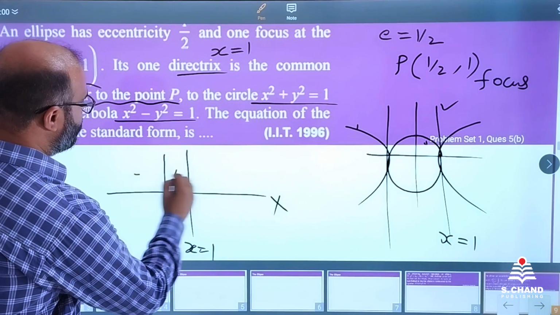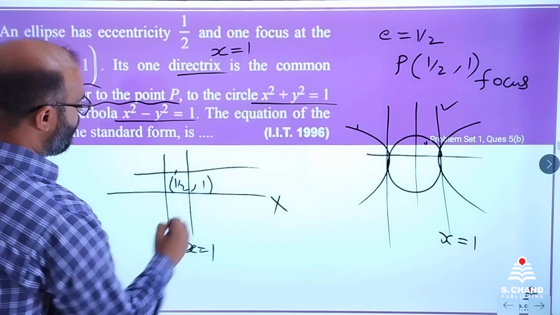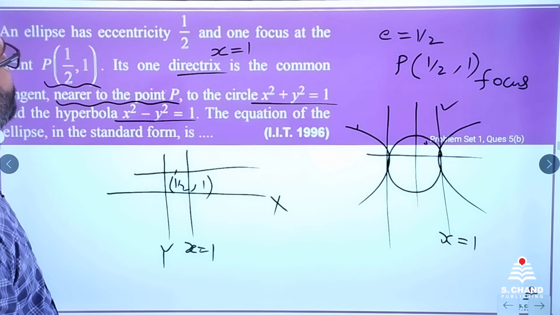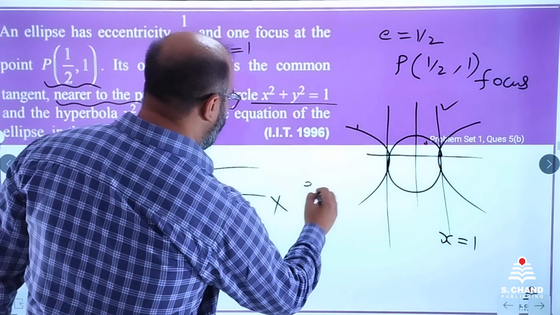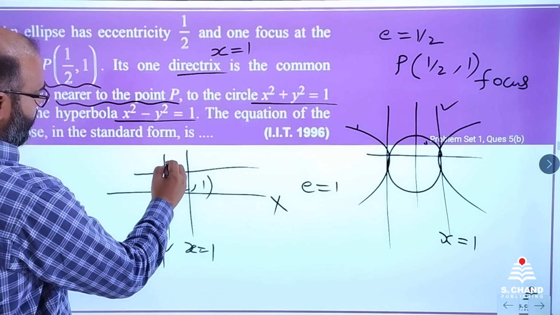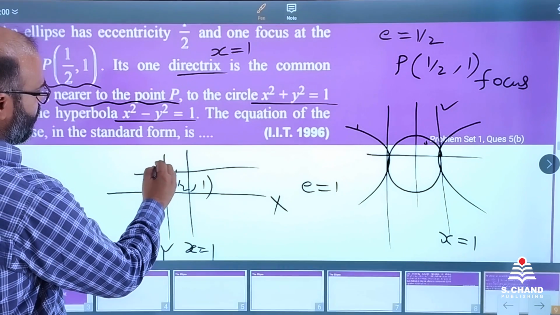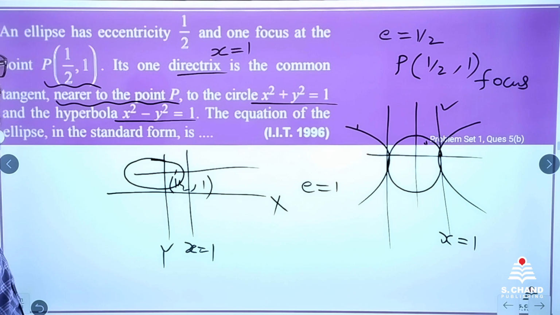So this is the focus, and its eccentricity is half. So the ellipse diagram would be something like this. This is how you are drawing the ellipse.